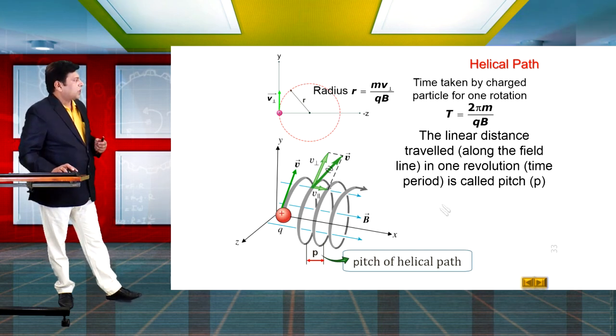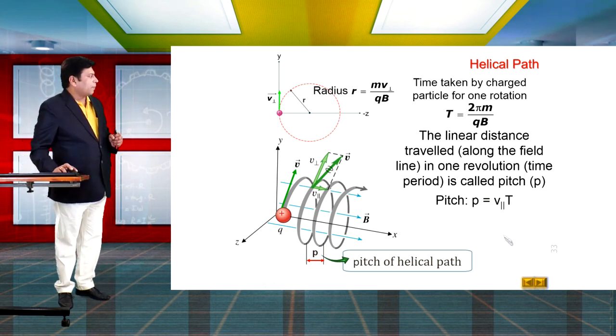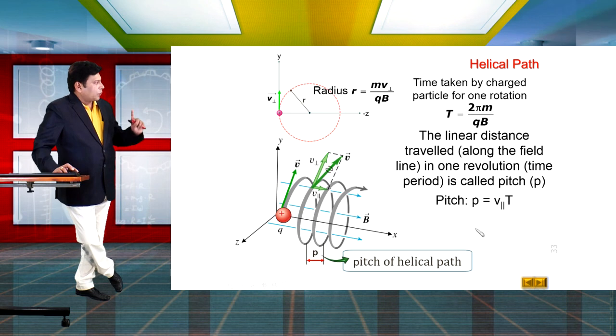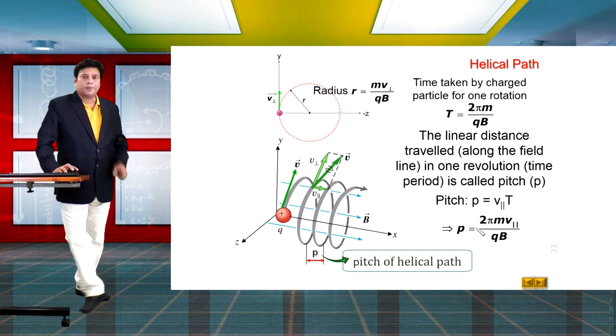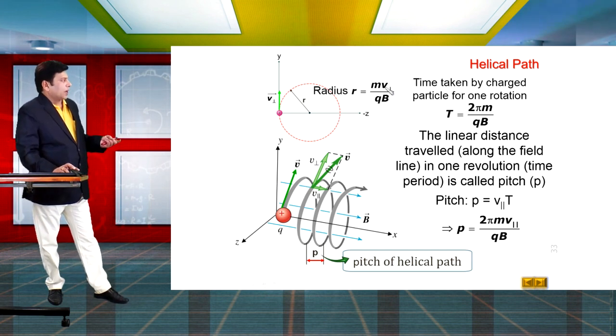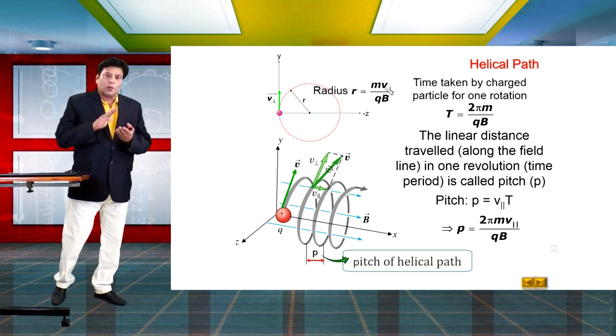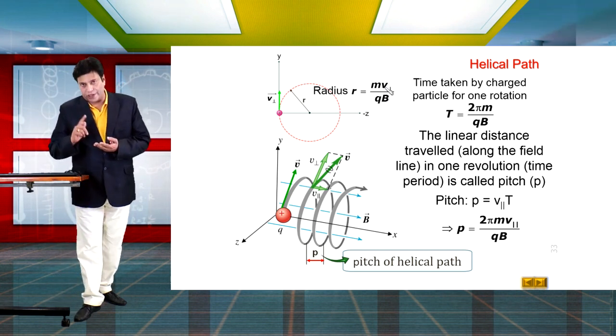So the pitch equals v parallel multiplied by T. Now we can substitute the value of the time period in this relation. So we get the pitch of the helical path, P equals 2 pi m v parallel divided by qB. Okay, this is the pitch of the helical path, and for the radius it is very simple. We should substitute the value of v perpendicular in place of v. Correct?